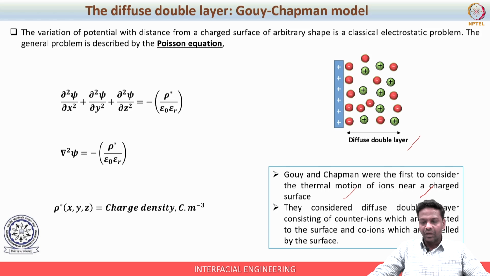That is a very good thing, considering the realistic situation. And the next one is that, unlike the capacitor model, here in the solution you also consider both counter ions, which are attracted by the charged surface, and co-ions, which are repelled by the surface. So both counter ions and co-ions coexist in the solution, which is also considered by this model.